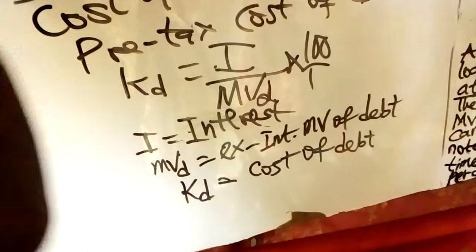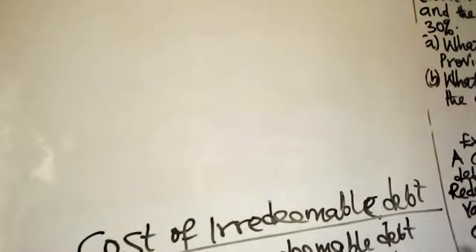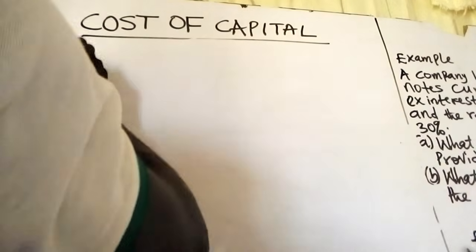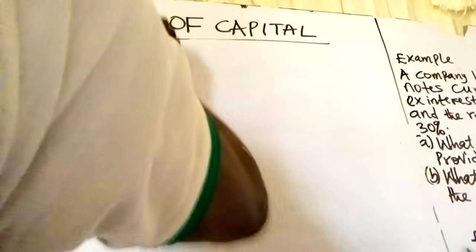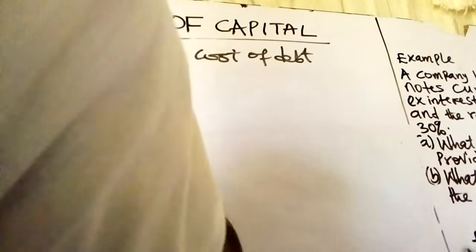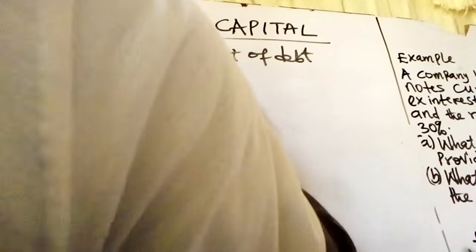You may also be required to calculate the post-tax cost of debt. Post-tax cost of debt, where KD remains the cost of debt: we have interest times 1 minus tax rate, over market value of debt, times 100.